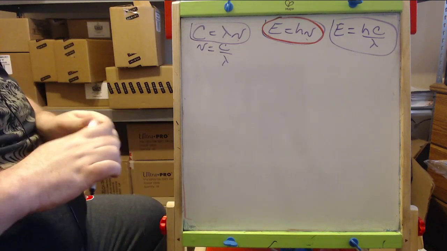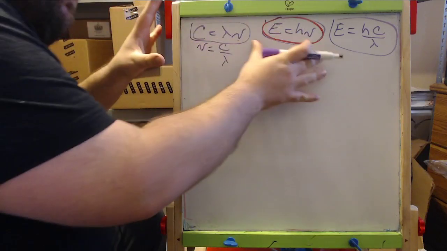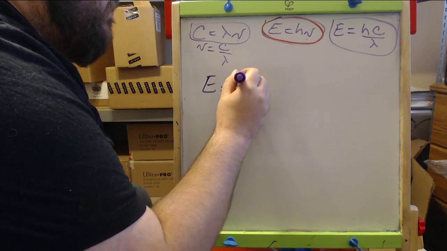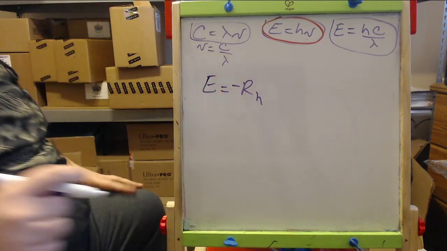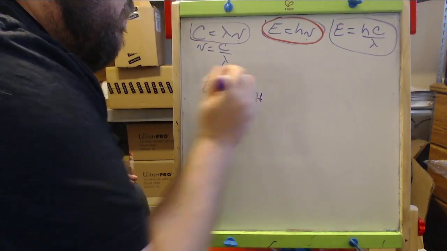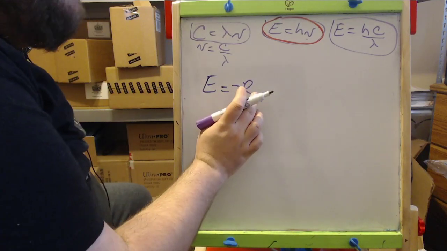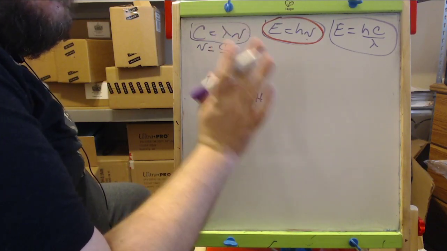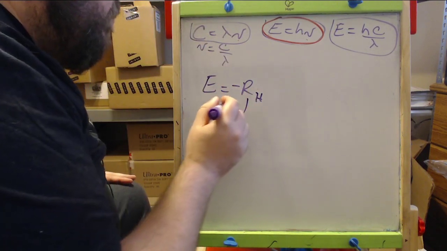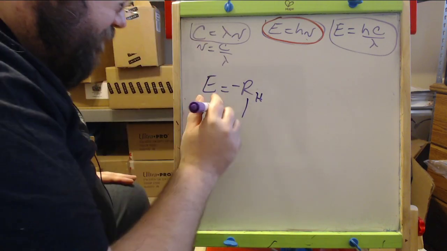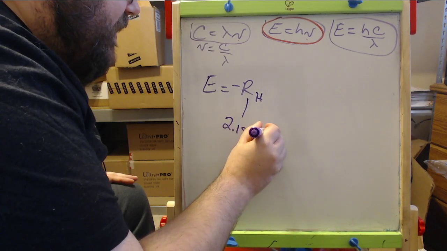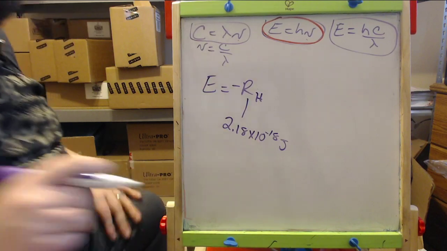All right, so here comes the formula. Our last formula that goes with these. Energy of a transition is equal to, now this is known as, they use capital H in the book instead of lowercase, this is known as a Rydberg constant. There's multiple constants that are called the Rydberg constant. It all depends on what principle we're talking about here. In our case here, it's 2.18 times 10 to the negative 18th joules. Okay, that is its value.